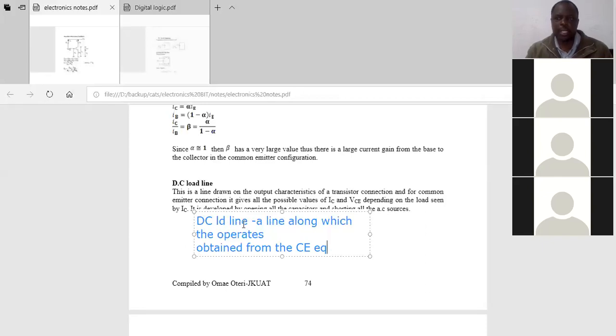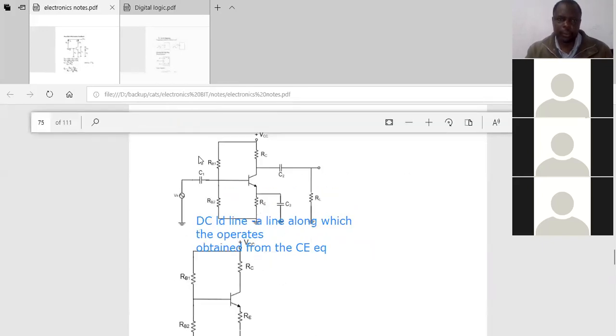And it usually appears on the output characteristics of our transistor. So I'll go down, and you'll be able to see how that line comes about.